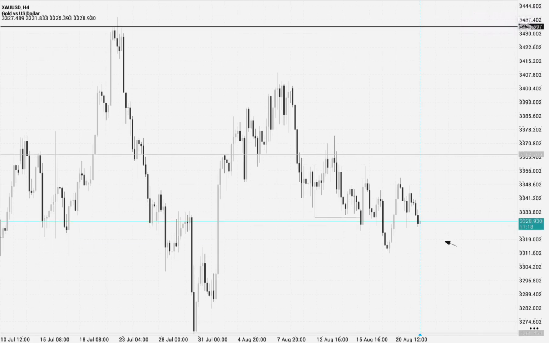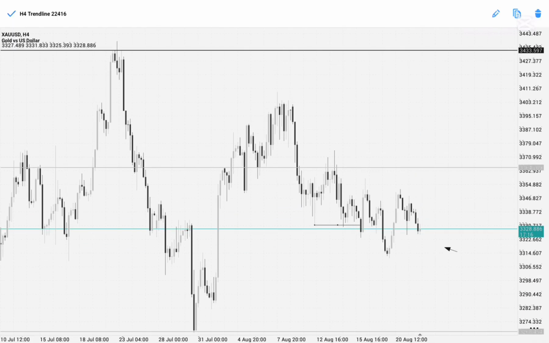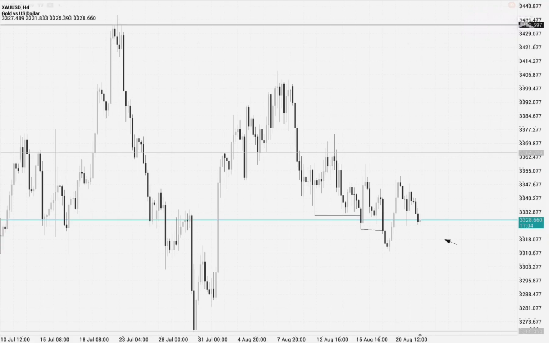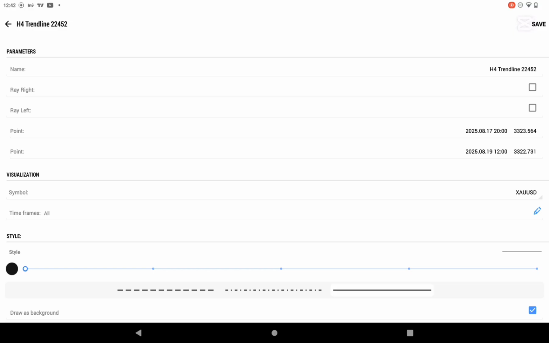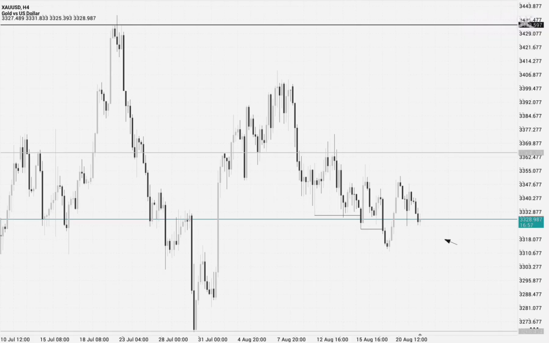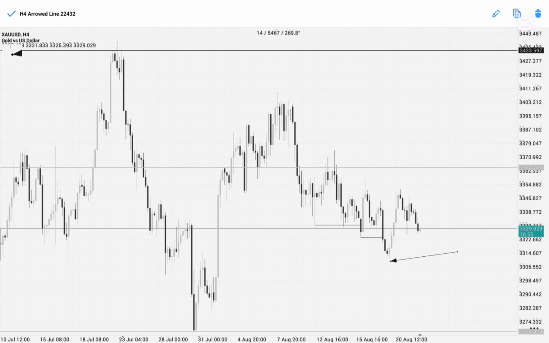It broke structure again downwards here, and again downwards there. And as it broke structure downwards, it left another block for us to look for entries right there.